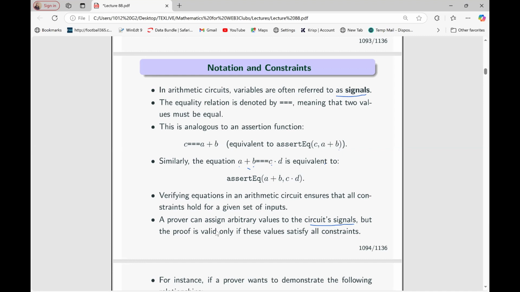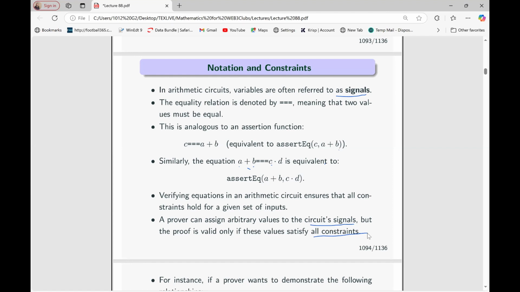But the proof is valid only if these satisfy all the constraints. Remember, an arithmetic circuit is not just one equation, there are several equations.